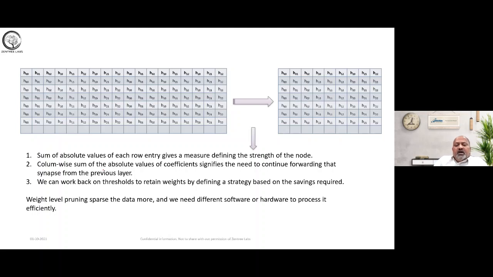So if I take the sum of absolute values of all the coefficients across the rows, I'll be getting the filter gain of a 3D filter. Based on the gain of the 3D filter, identify the weaker filters and then remove them. When it comes to column wise sum, 9 columns have to be added up, and then we can kill the input synapse based on the strength.